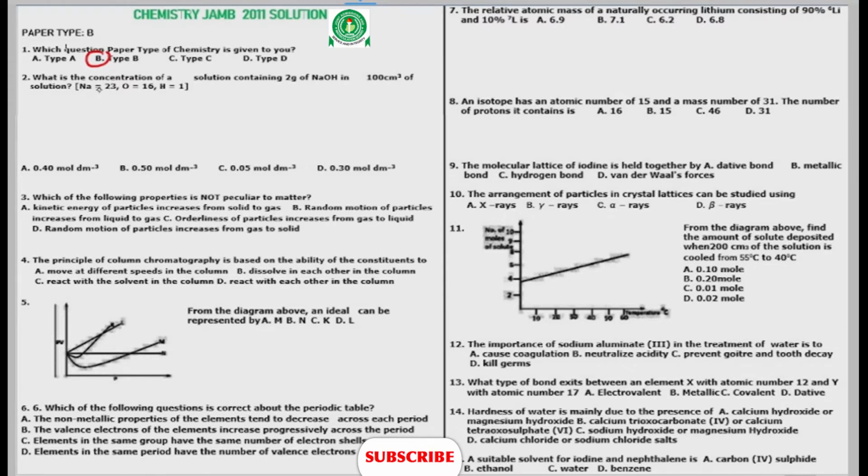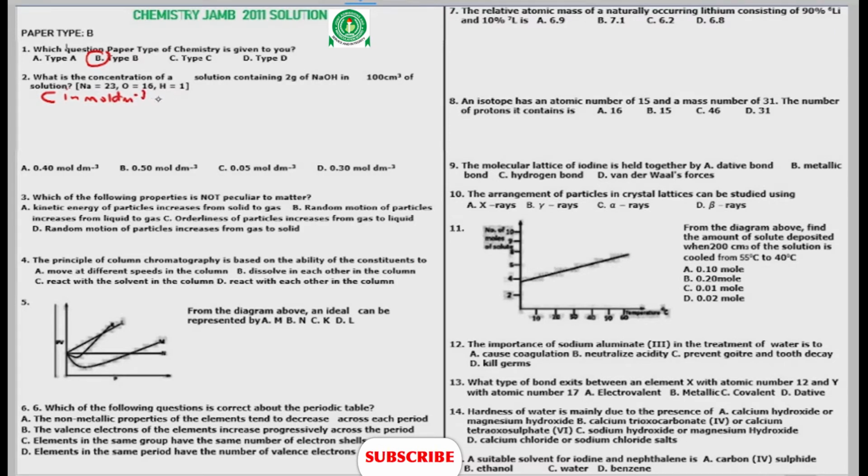Number 2 question. What is the concentration of a solution containing 2 grams of sodium hydroxide in 100 centimeter cube of solution? Now we have to calculate concentration here, in mole per dm cube.